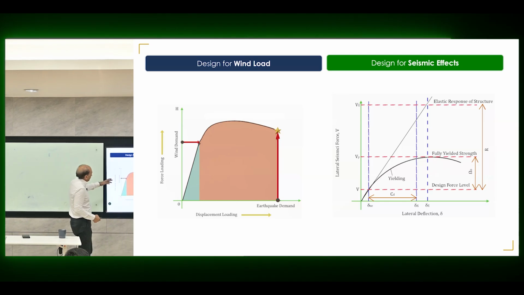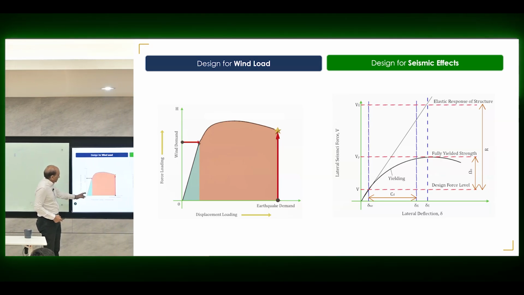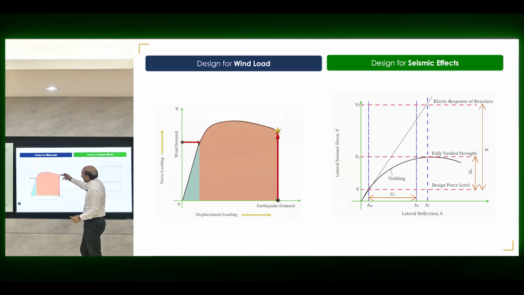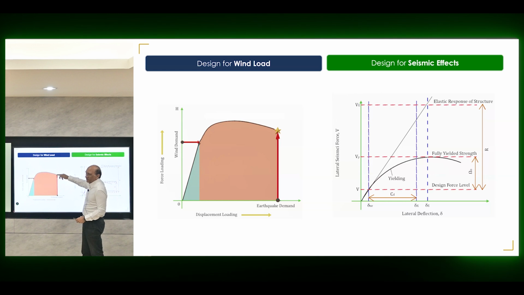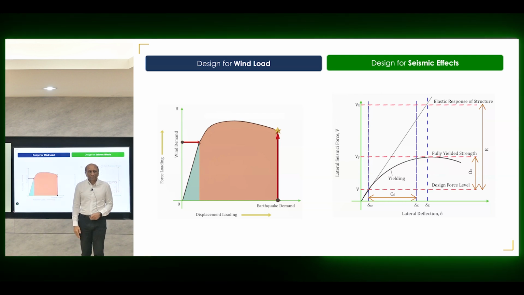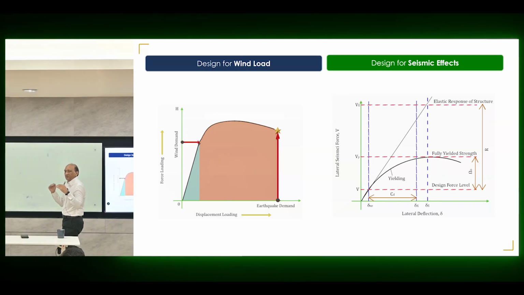So it's going to be force-controlled capacity that we are going to design our structure for. For the earthquake, we are going to let it yield, let it deform a lot, and then come to a level of force. These two levels of force will be very similar for the purpose of design. The design force level between wind and earthquake will be very similar.